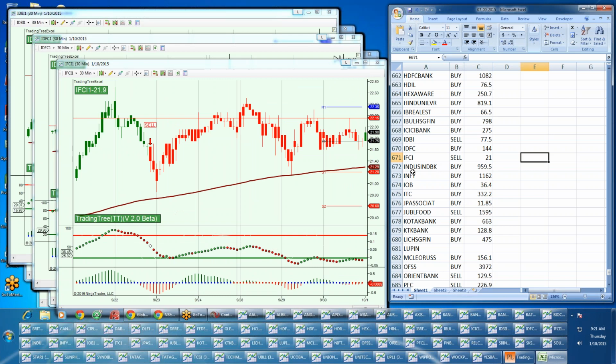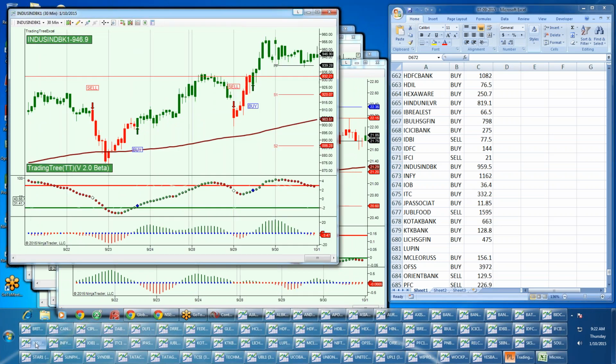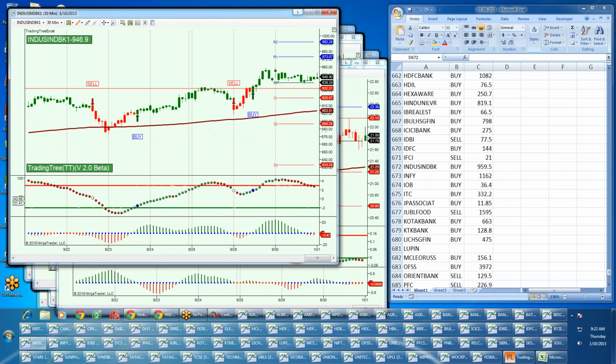IFCI, we have that sell at 21. IndusInd 959 is about buy.